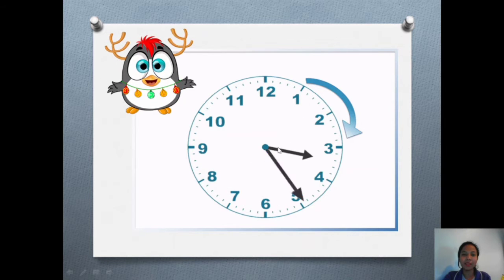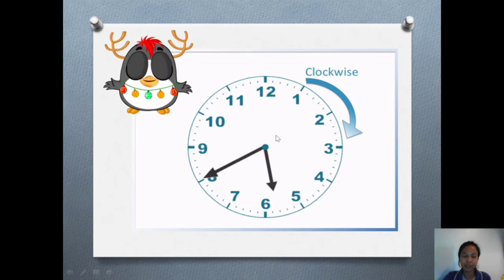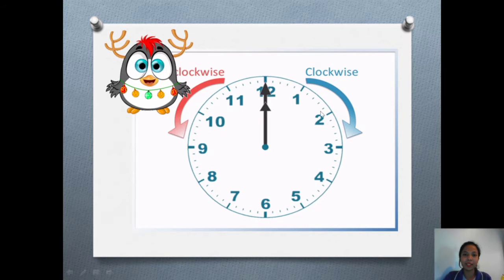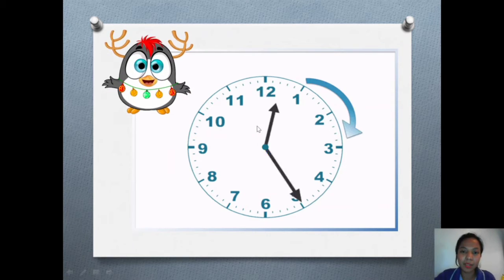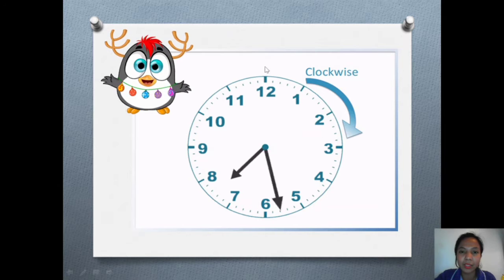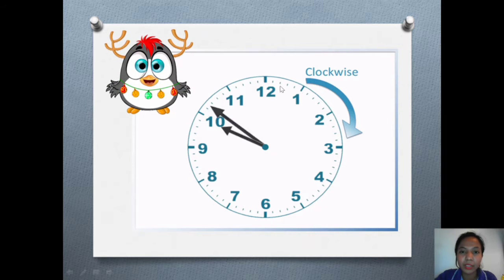And then we have here the long hand. It refers to minutes. These two hands turn around the clock in a clockwise way. So from here, turn here. This long hand, for minutes: from here, let's say 12, it always starts with 0, to here it's 5 minutes.